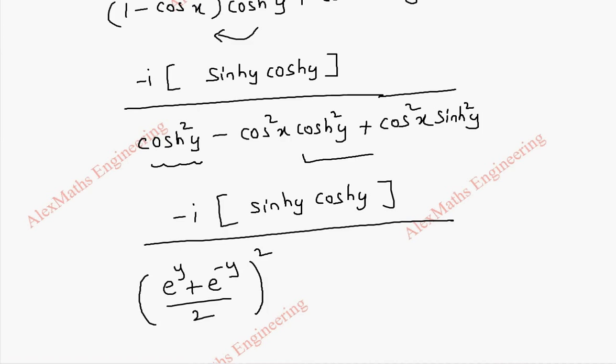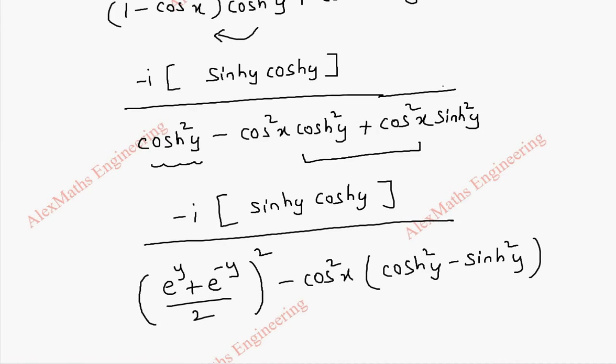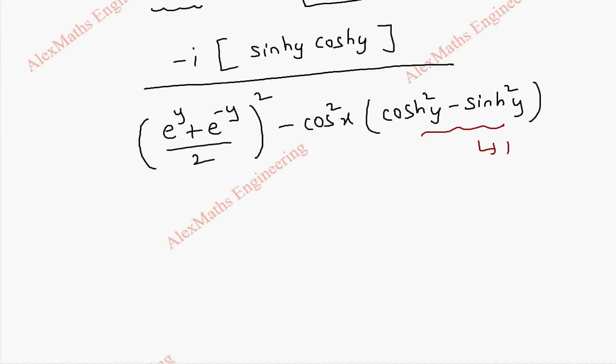From these two terms we can take minus cos square x common. This becomes cosh square y minus sinh square y, and anyway by identity this value is 1. After that we are going to write the remaining terms.